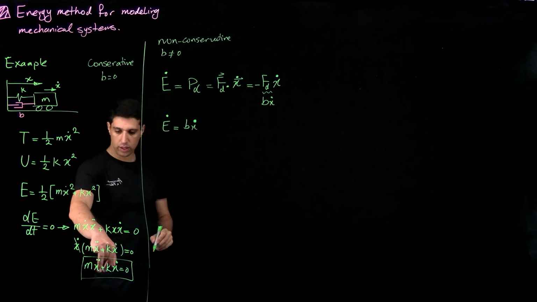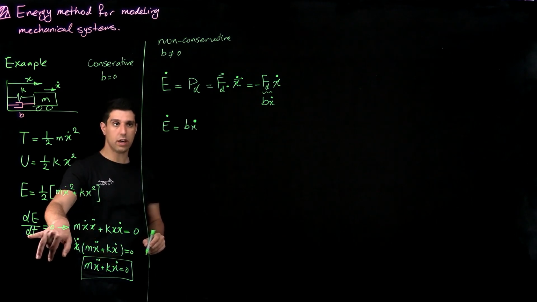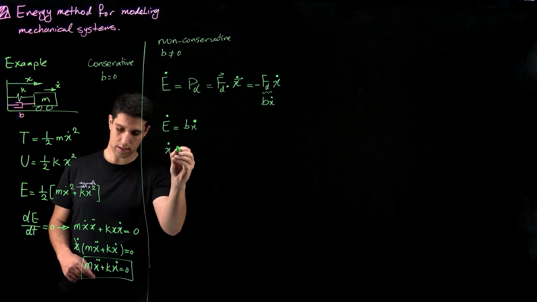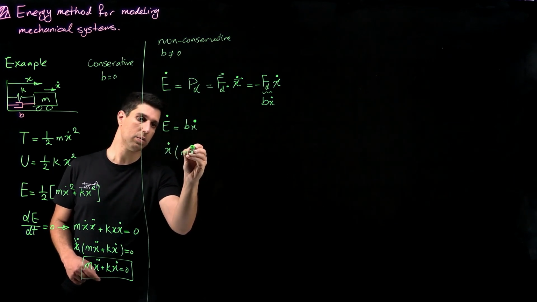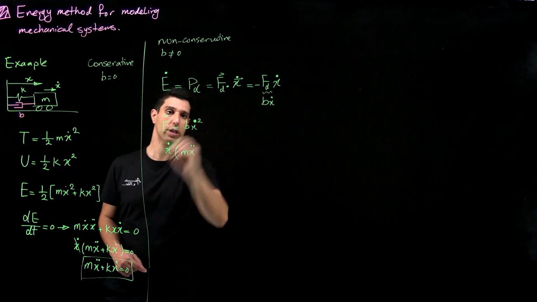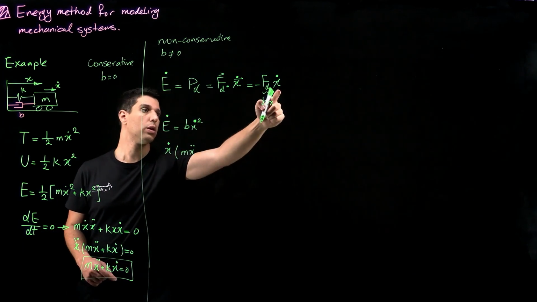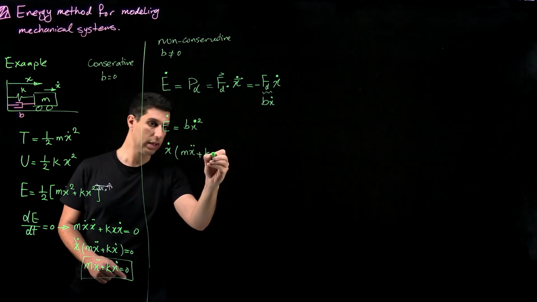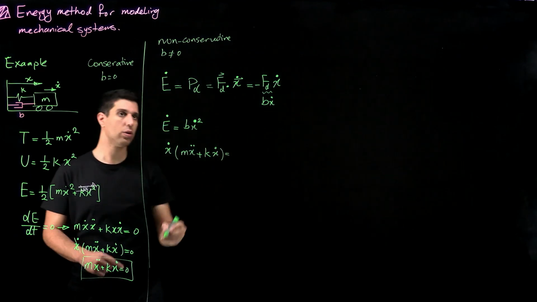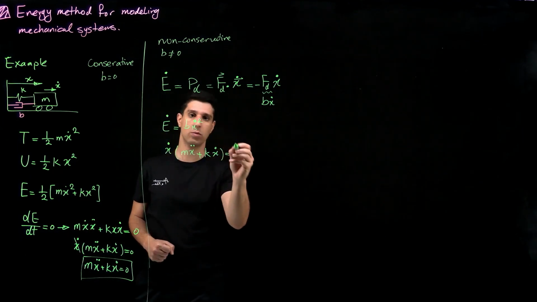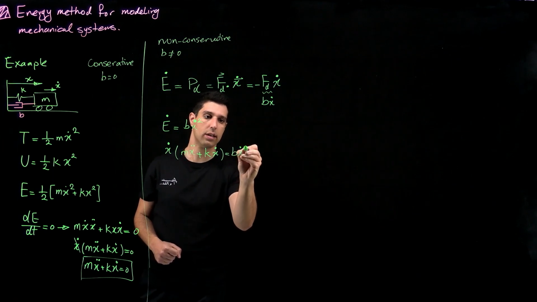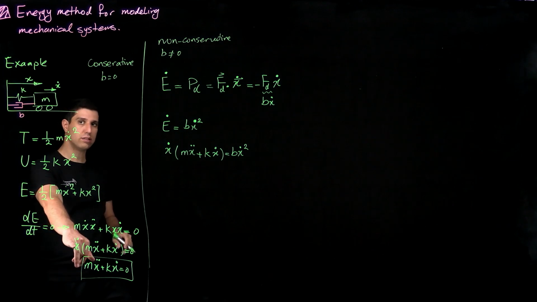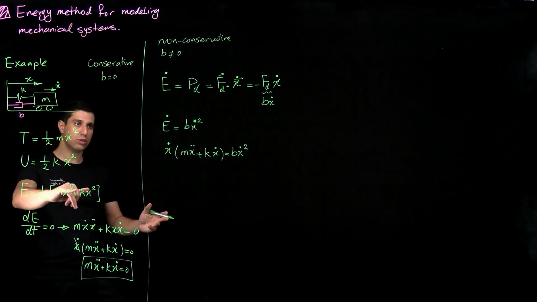So I had calculated E dot here, so I'm just going to reuse that. x dot times m x double dot, plus k x x dot, equals this power of damping, which is minus b x dot squared. Again, same condition. If x dot is 0, not a good solution for us.